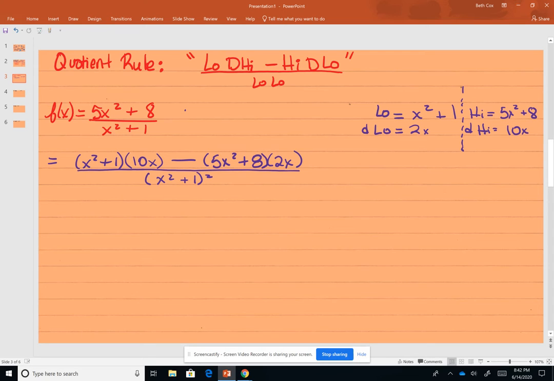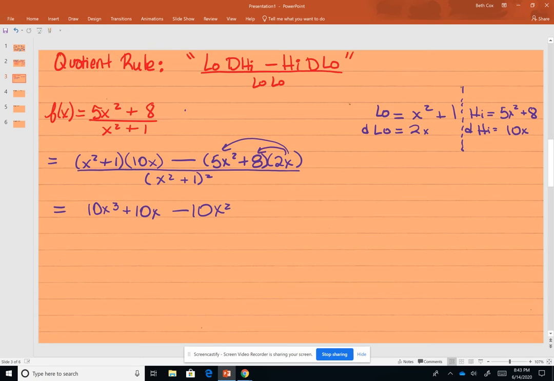Now I'm going to simplify my numerator, and let's see what happens. Distribute the 10x. I'm going to get 10x to the third plus 10x. Then I've got to distribute and subtract, so be careful of the signs. When I distribute it here, that'll give me a 10x squared, but then it's a minus 10x squared.